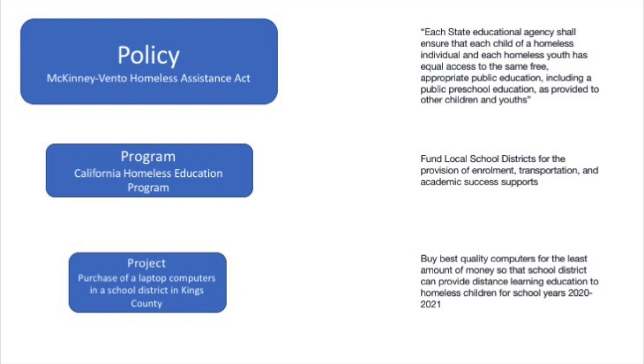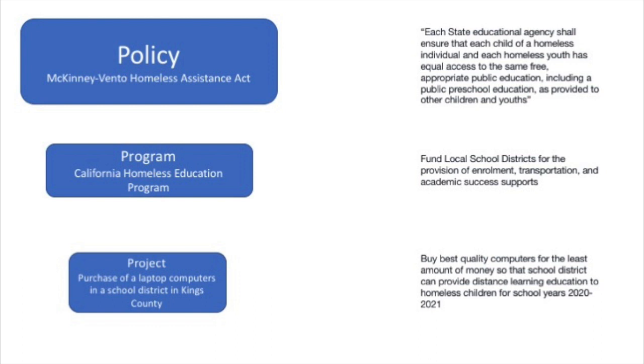So each state has its own program. In the case of California, we have the California Homeless Education Program, right? Pretty obvious name, but that's what it's called, right? And the program does many things, but specifically it funds local school districts for the provision of enrollment, transportation, and academic success supports for homeless children.